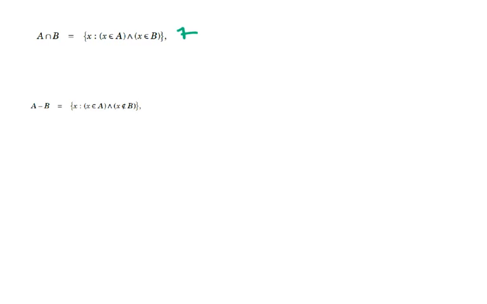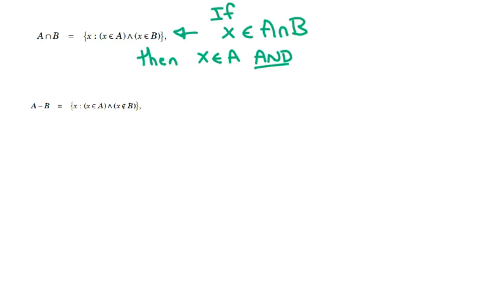Okay, this is the intersection. So if some element is in the intersection, what does that mean? So if x is in the intersection, then we know this. Then x is in A and x is in B. Right? And this is the set difference, A minus B. What does this mean?